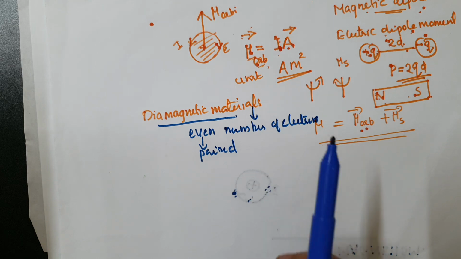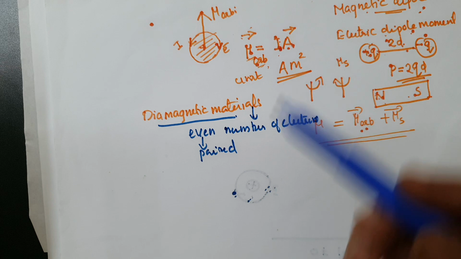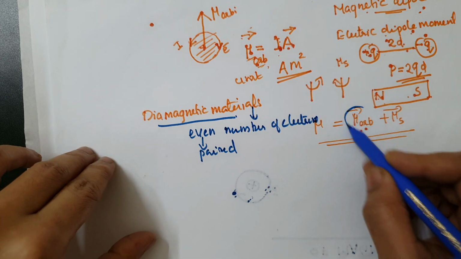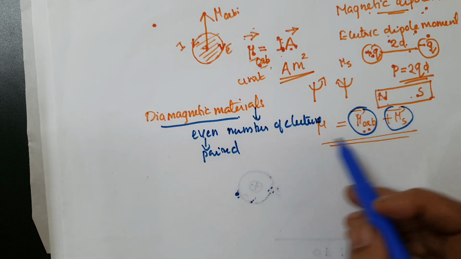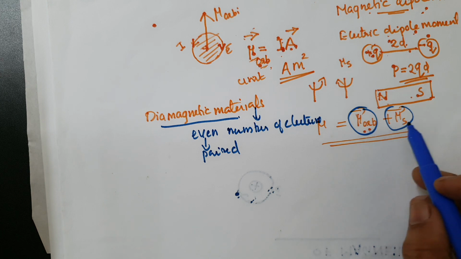If the electrons are paired, according to the electron theory of magnetism, each electron in an atom has an orbital magnetic moment and a spin magnetic moment.